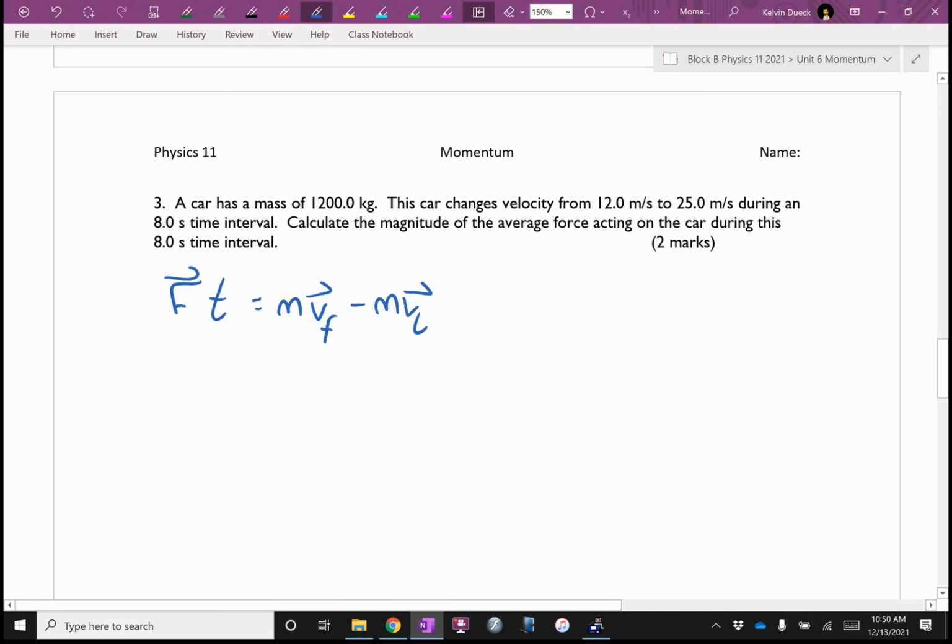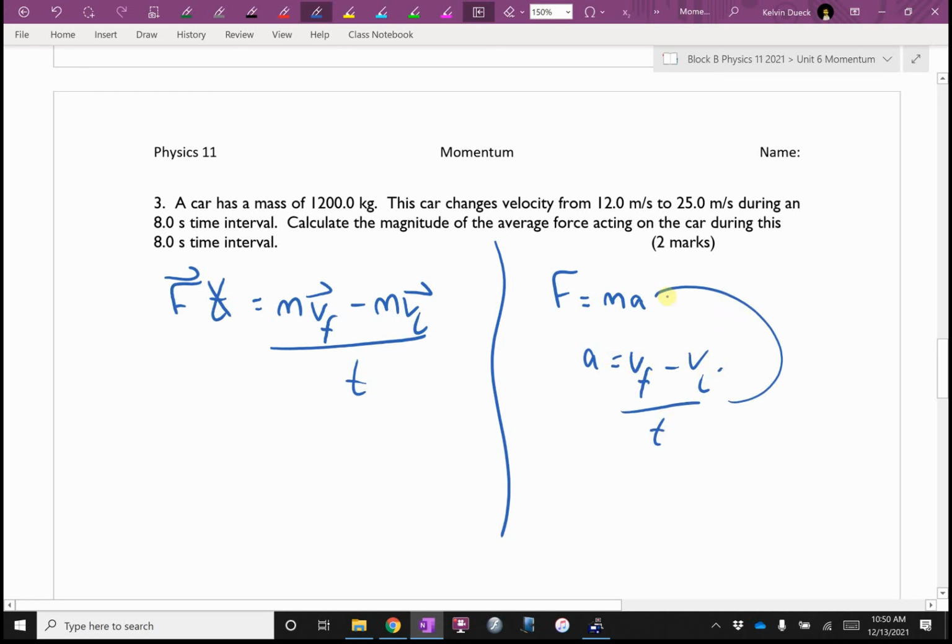I would probably go impulse equals impulse. By the way, you could also go like this. F equals what? A equals VF minus VI over T, and then stick that into there. I'll give you full credit for that.